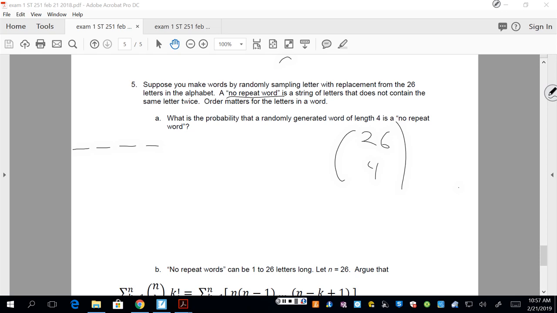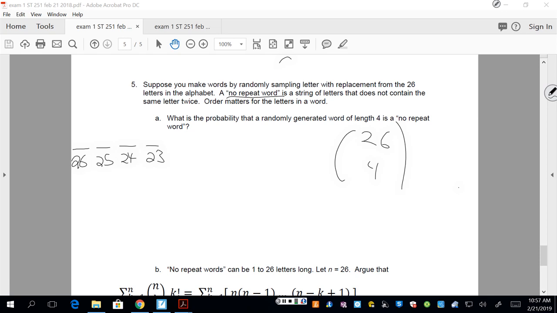Right. This combination, though, is used if it's unordered. So it doesn't matter what order, but for these words, we are keeping them in order. Right? So when things are like this, it's 26 choices for the first one, 25 for the next one, 24, and then 23.